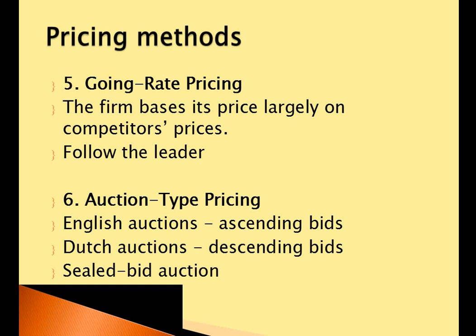The going rate pricing is a method where the company reviews the competitor's rate as a foundation in deciding the rate of their product. Usually, the cost of the product will be more or less the same as the competitors.